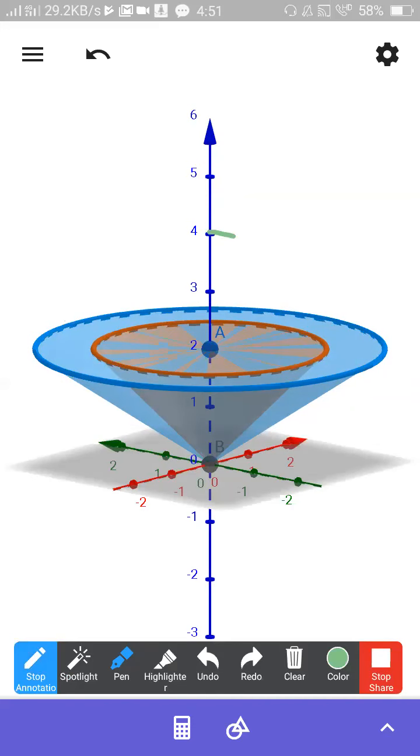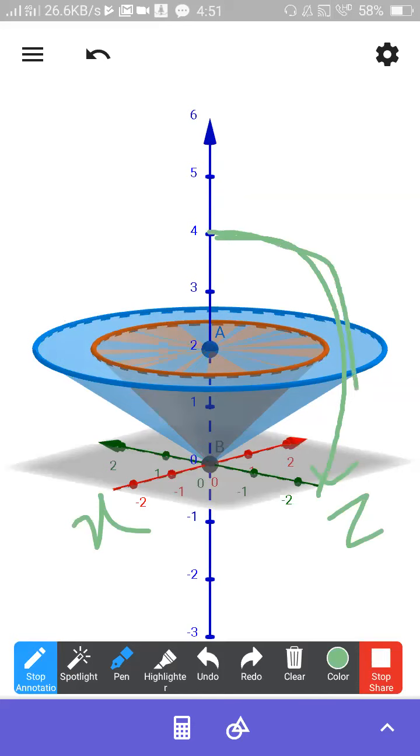Theta is the angular measurement from the z-axis. Once theta is 90 degrees, where will my diagram be? The diagram will be in the xz plane. If I keep on increasing, it lies on the xz plane.